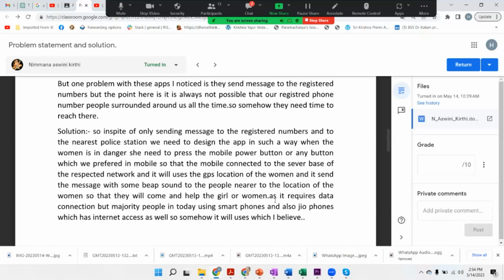My solution is that instead of only sending messages to the registered numbers, it should also go to the nearest police station.